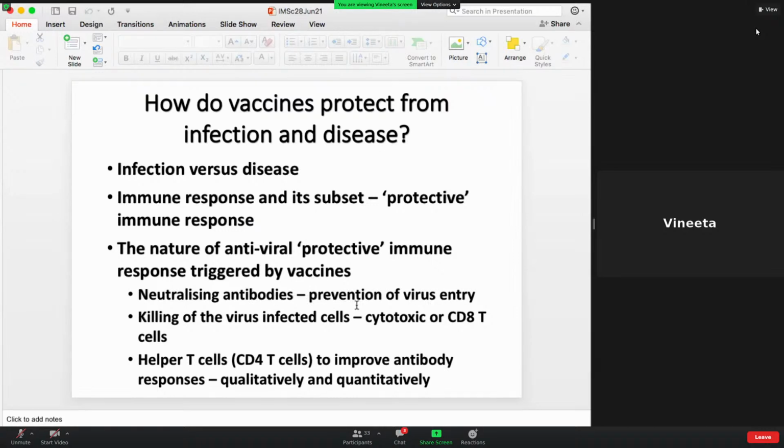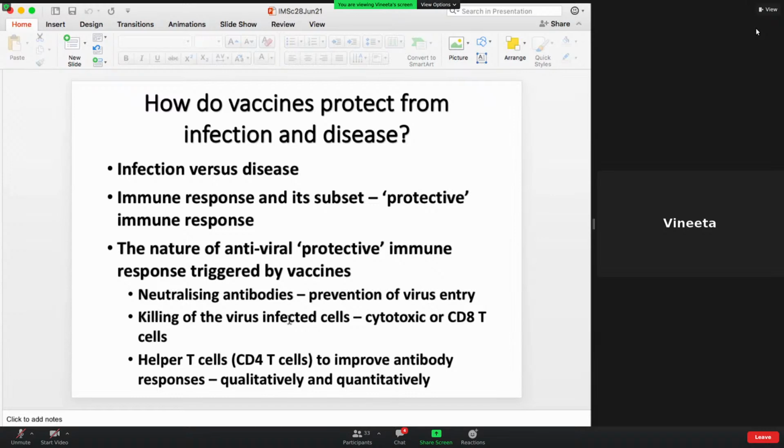These neutralizing antibodies normally bind to a very critical portion of the pathogen so that entry of the virus inside the cells is prevented, with downstream consequences. This doesn't always happen in 100% of the cases or 100% efficaciously, so viruses can get inside the cell and produce infection.